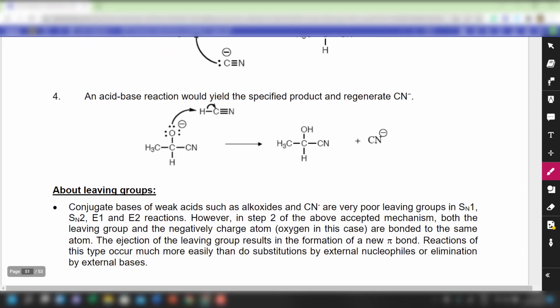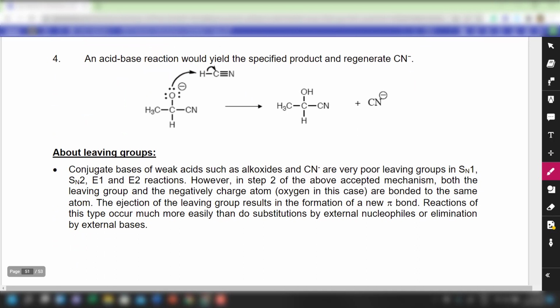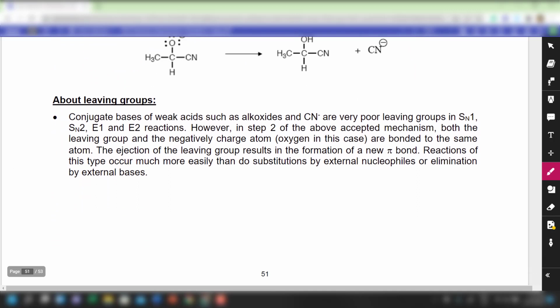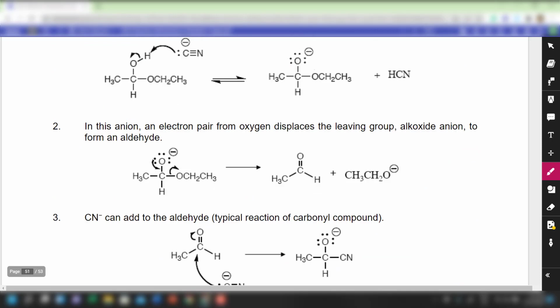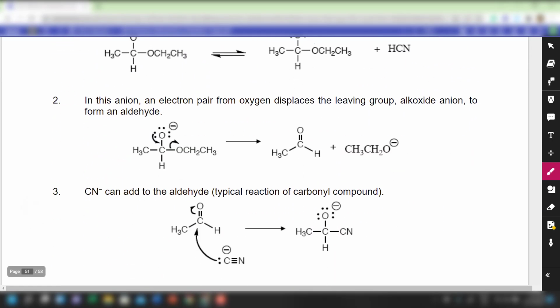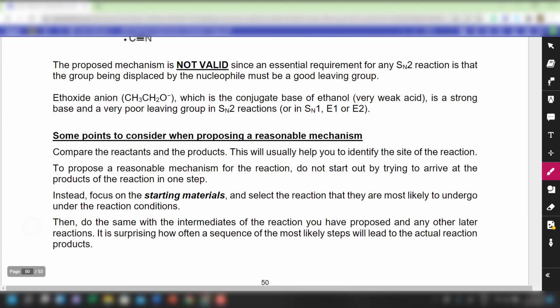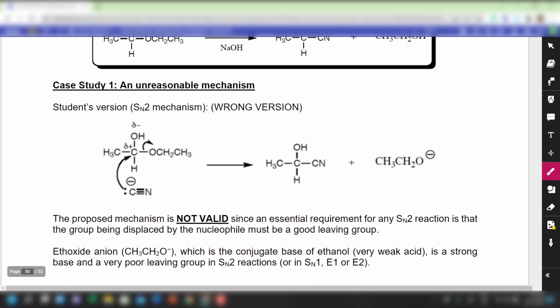I will just leave you all to read all these portions, and usually for novel mechanisms for H3, you'll be guided with some words or paragraphs to teach you how to perform the mechanism drawing. So in that sense, you do not need to worry too much about it. If you are in any doubt, do clarify with your tutors so that we can help you in every way we can.